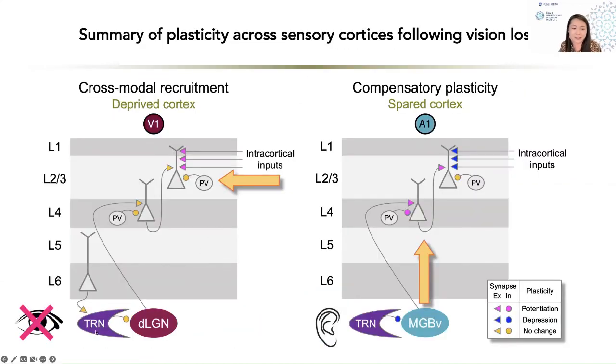When we looked at the TRN inhibition onto the visual thalamus, we did not see any change with visual deprivation. But then we saw depression of inhibition onto the auditory thalamus. And this happened by two different mechanisms.